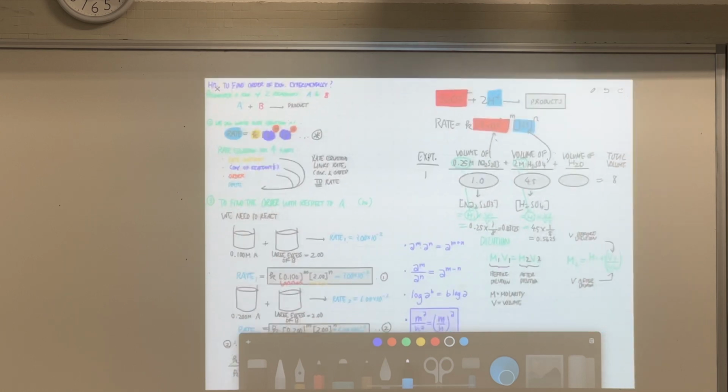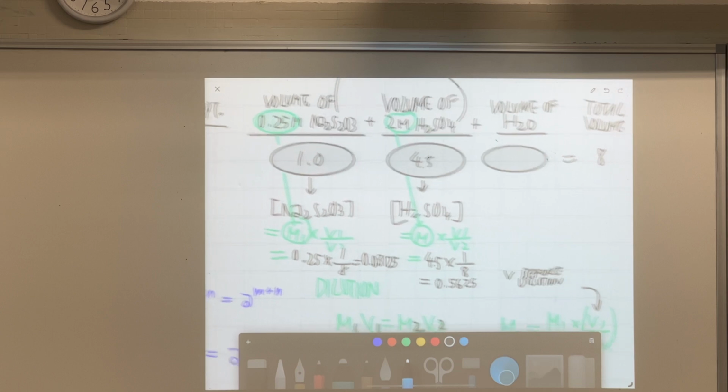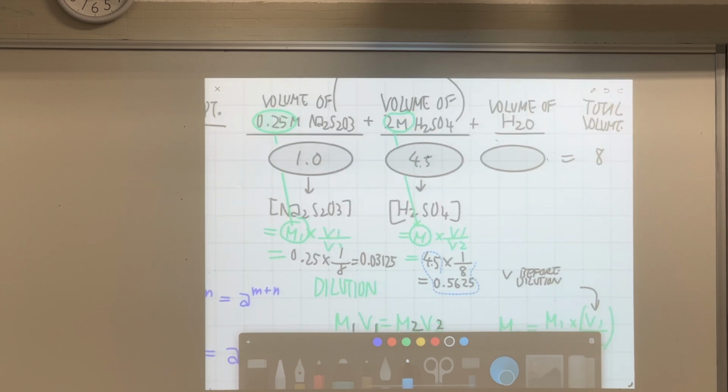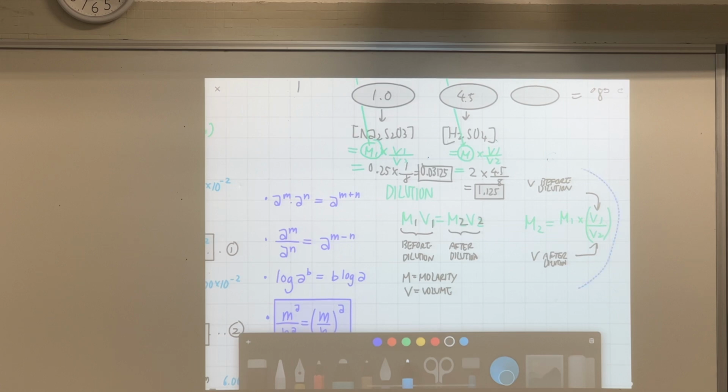Yes. So that means it's not 1, it's 4.5, the volume. 4.5 times 0.25. Okay, so this should be 2 times 4.5 divided by 8. So it's 1 point something. Still, this number is much larger than this. Yes. Okay. So we have this equation now.